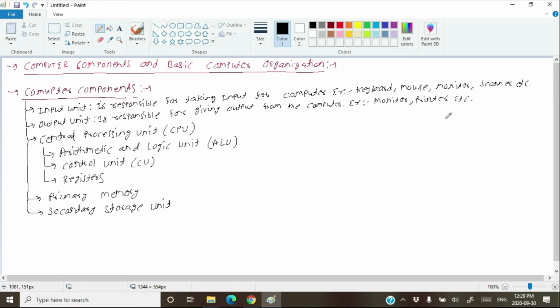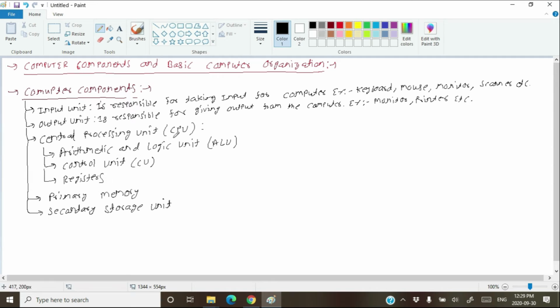After that you have another component called central processing unit. The central processing unit is the brain of the computer, and the CPU is actually called the computer. Other things are just input and output to the CPU. Other things are there to support the CPU. Memory is to support the CPU to process fast.